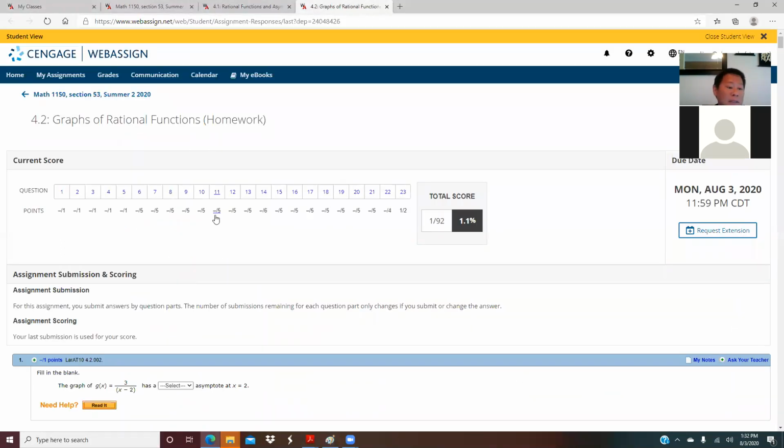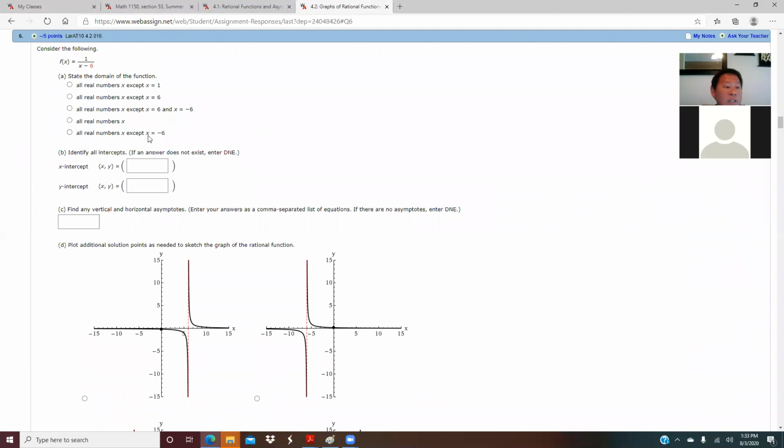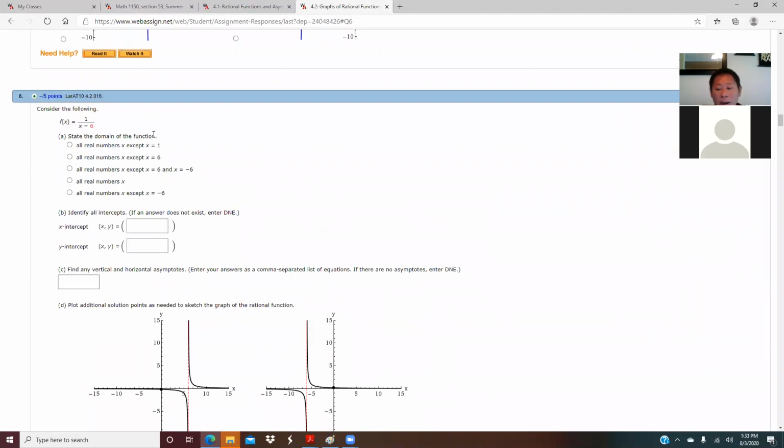4.2 question 6. This is question 6 in this case. I want you to find the domain for question 6. Anyone know what the domain is for question 6? A, B, C, D, or E?